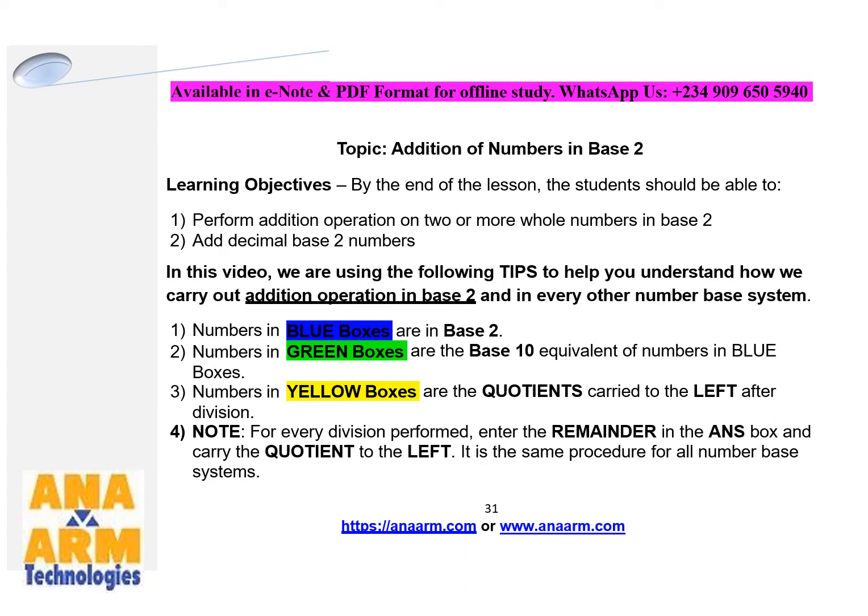Finally, students should know that for every division performed, they should be able to enter the remainder of that division in the answer box and then carry the quotient to the left. This is always the same procedure for all number-based systems.